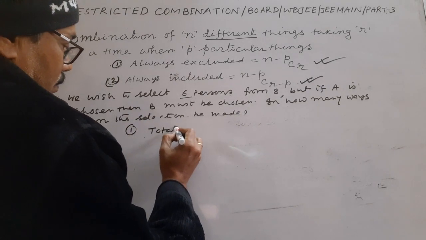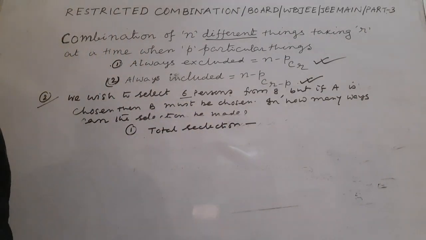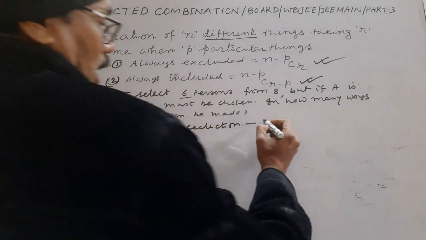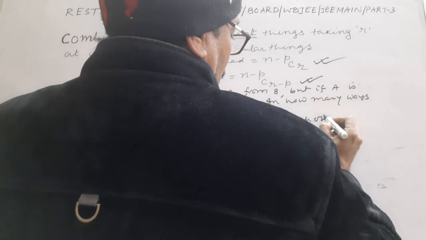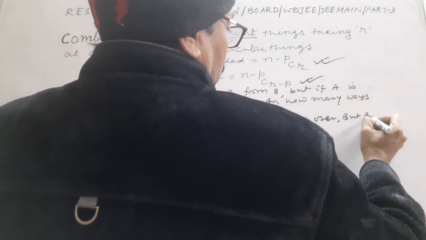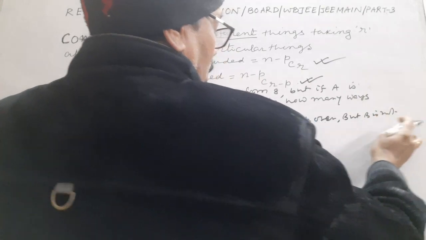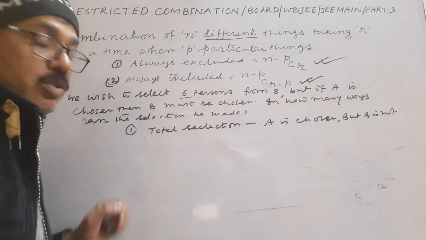Total selection minus the selections where A is chosen but B is not. Because our condition is, if A is chosen, then B must be chosen.